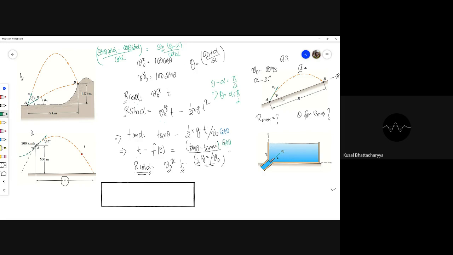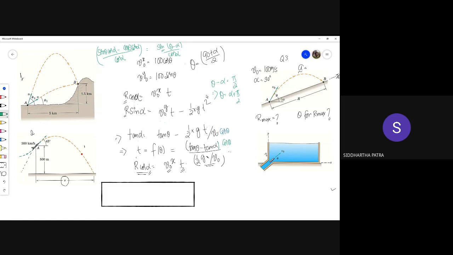Yes sir, I have got pi by 4 plus alpha by 2. Pi by 4 plus alpha by 2, but that would mean that would be 2 theta, right? This expression equals 2 theta. Yes sir, in your equation it will be 2 theta.